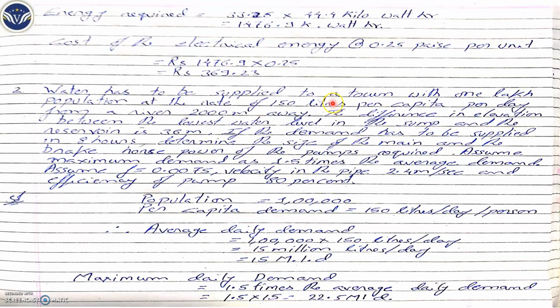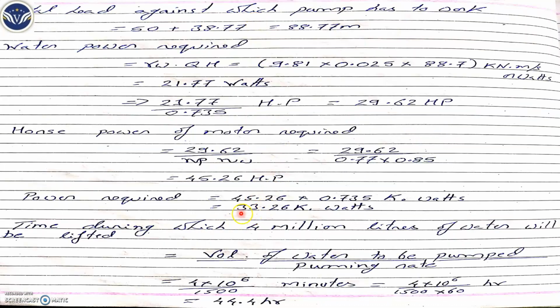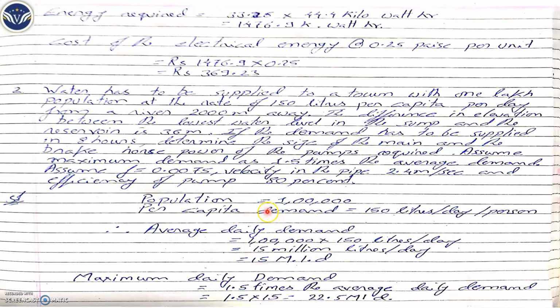Okay, so when you multiply this 44.44 by the power you got on a per hour basis, it will be around 1476.9 kilowatt hours itself. Okay, so now what's the cost? This cost has been given per kilowatt hour itself.